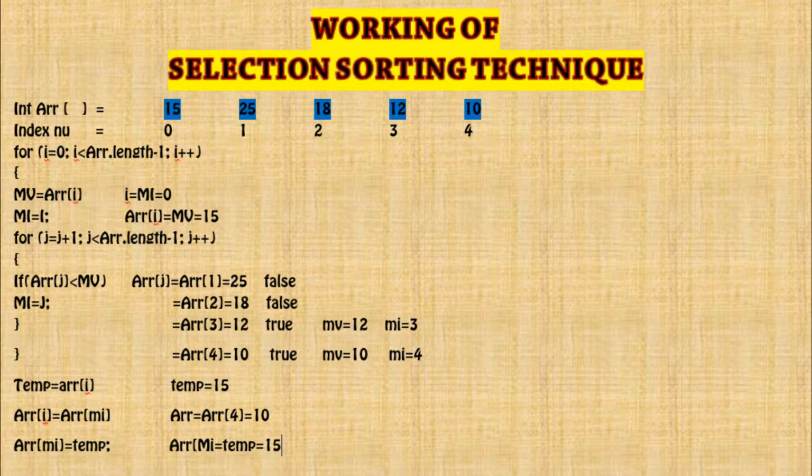Now the value which was there in temp will be stored in array of mi, so it becomes 15. So this is the first pass. The least element has gone to the first index.